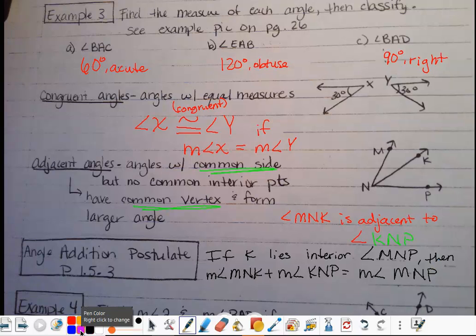So pause writing that so I can make it make sense first. This is saying if K lies interior, okay, K is interior to angle M in P. Do you agree with that? Yes. Okay.